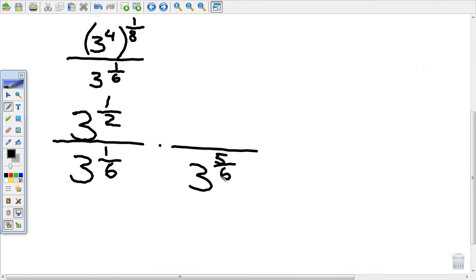And I do that to the top and the bottom. So on the bottom then I get 3. On the top, what happens there? 3/6 and 5/6, 8/6. Can I reduce 8/6? 4/3.